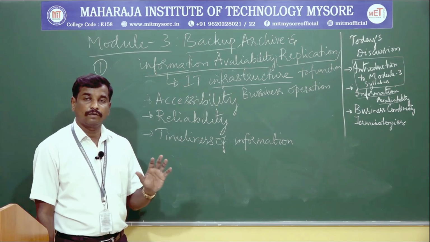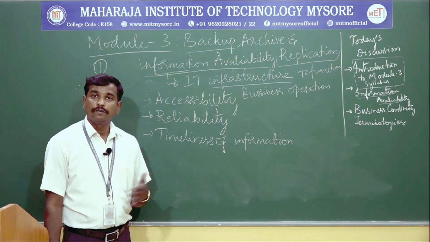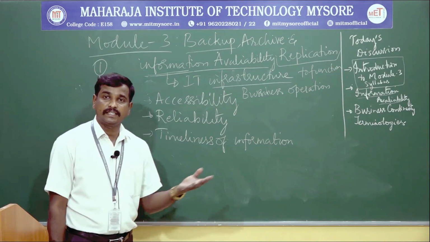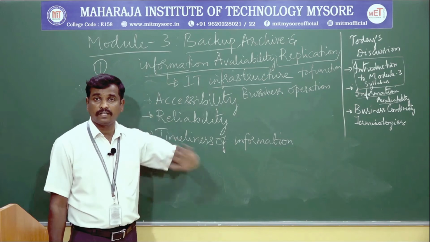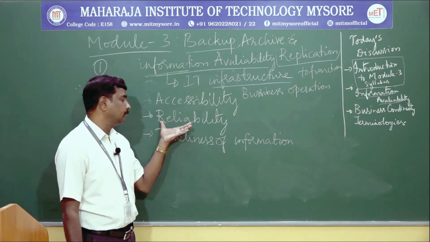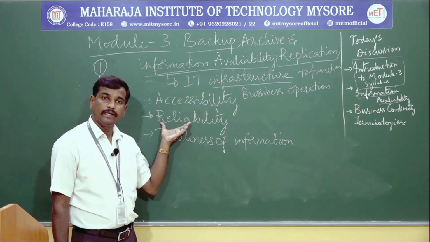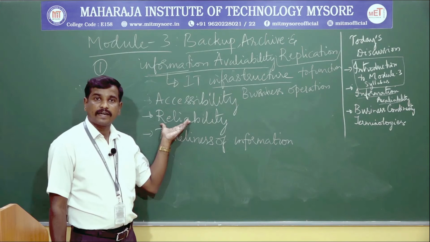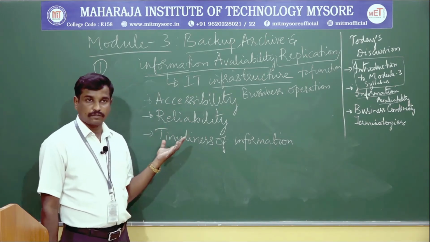Those types of faults should not occur if we say information is available 24/7. The data accessed by the host machine should be reliable and correct in all aspects for the end users.